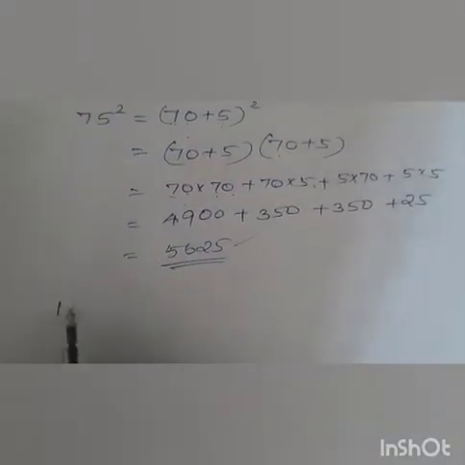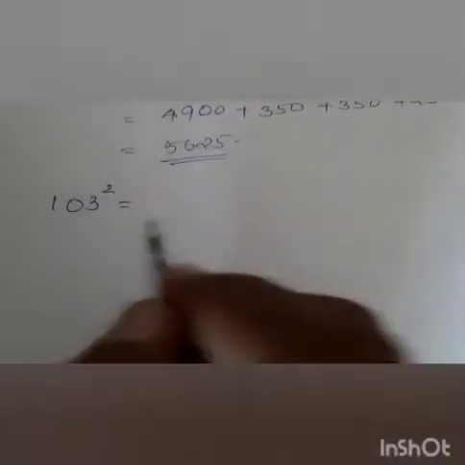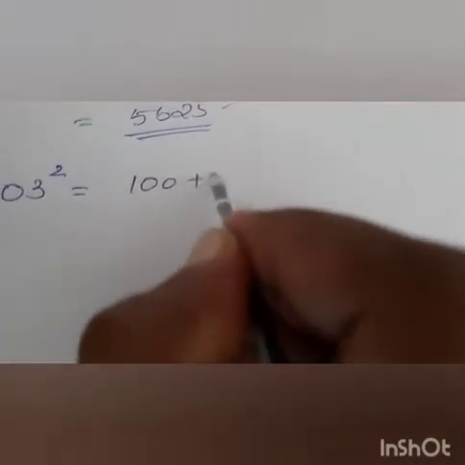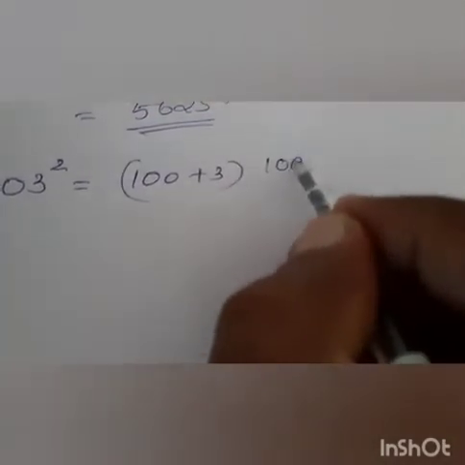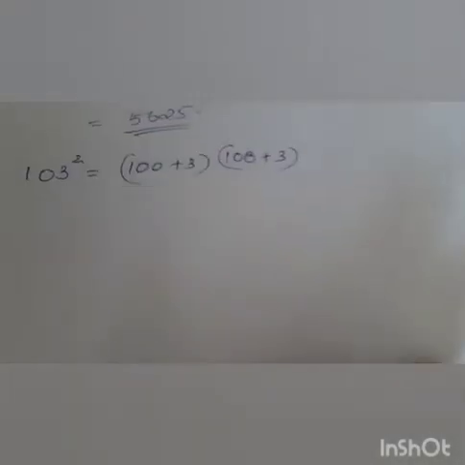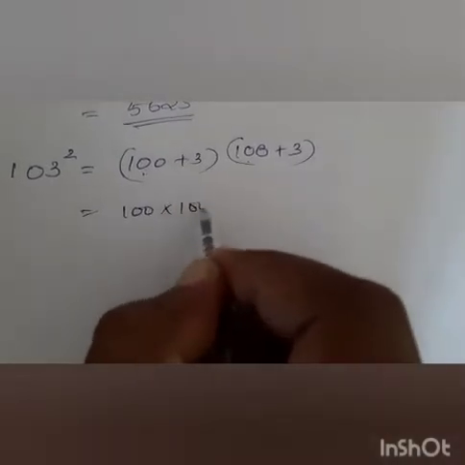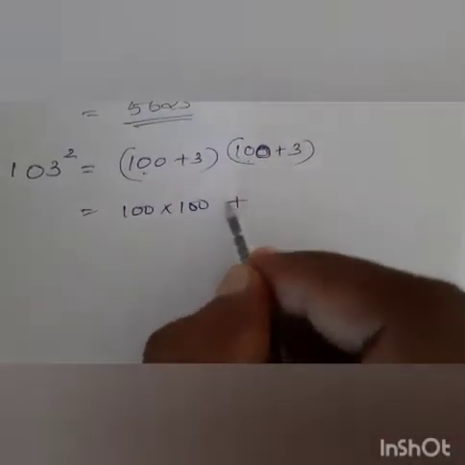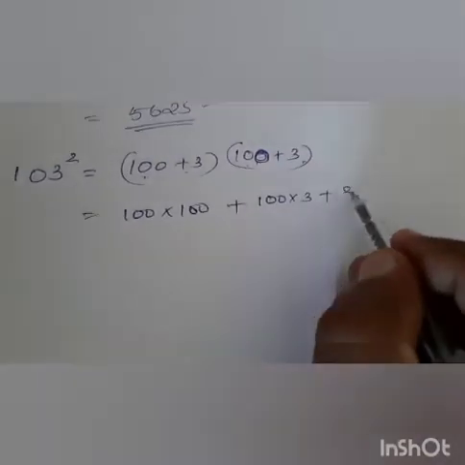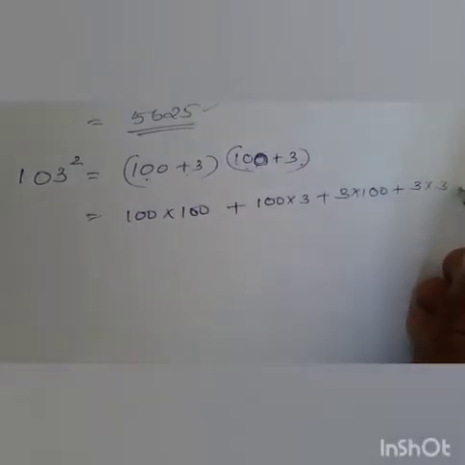Then what about 103 square? I will write this one. This is (100 plus 3) into (100 plus 3). So we can write like this: 100 into 100 plus 100 into 3 plus 3 into 100 plus 3 into 3.